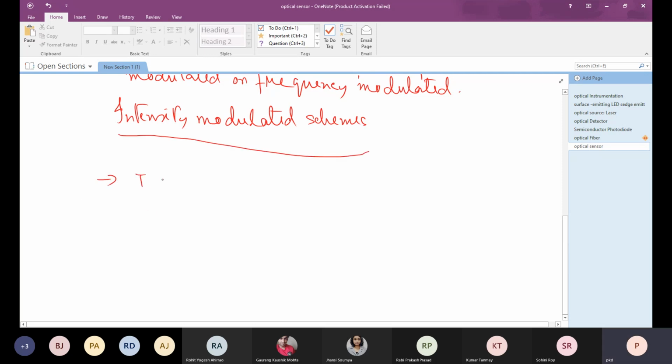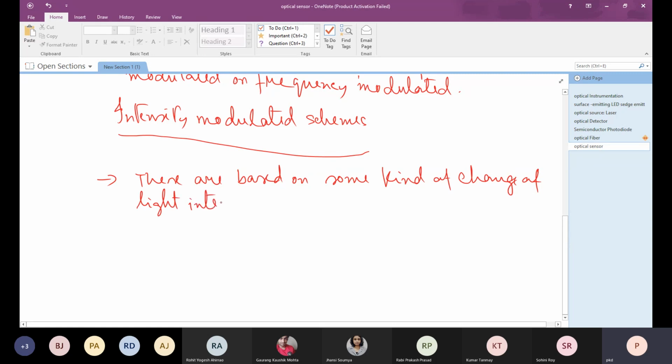These are based on some kind of change of light intensity related to the measurement.